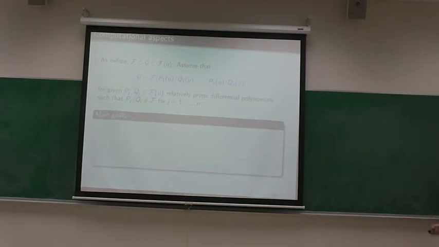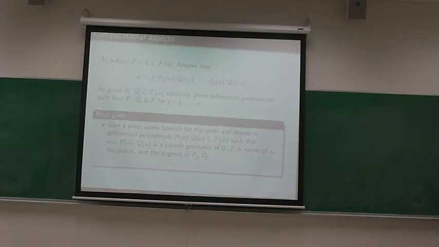And the main goals of our work were, first of all, to give an a priori upper bound for the order and degrees of differential polynomials giving a Lüroth generator of the extension.